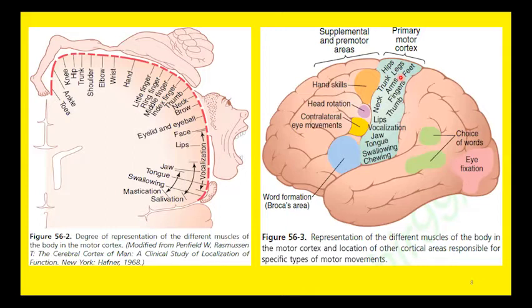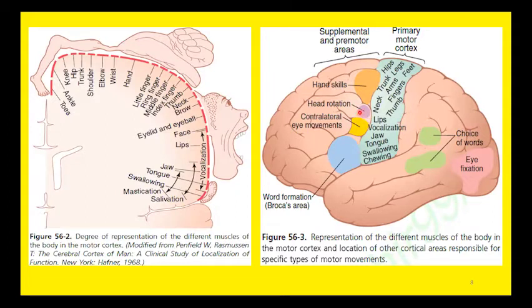Anterior to the primary motor cortex, there are specific areas for speech known as the Broca's area. You can see in the inferior frontal gyrus is the speech area, Broca's area. Superior to it is the eye control area.